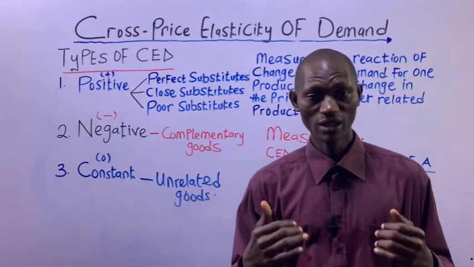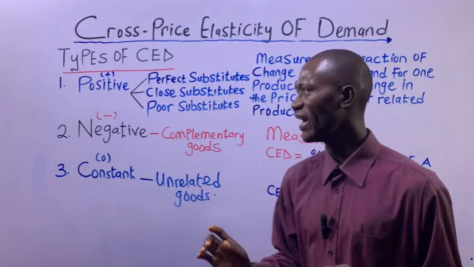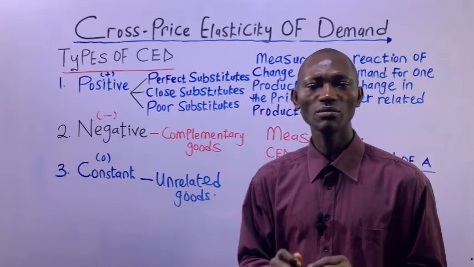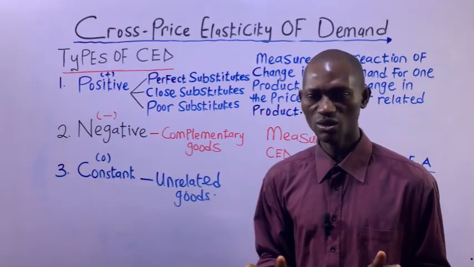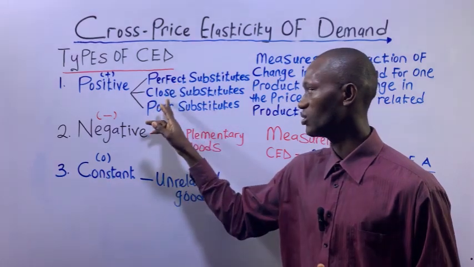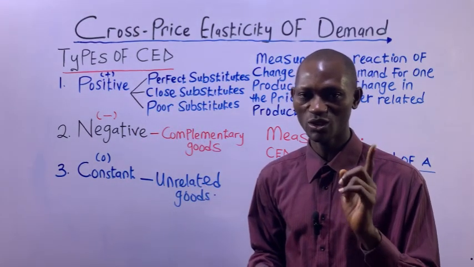So substitute goods, like I did explain, have a positive relationship, and they are further subdivided or classified into three: perfect substitute, close substitute, and poor substitute. You need to pay careful attention here.